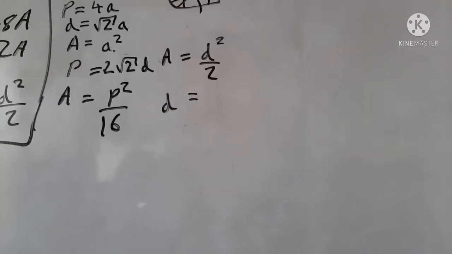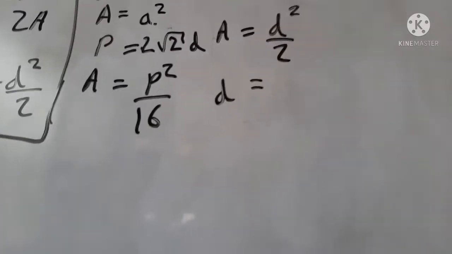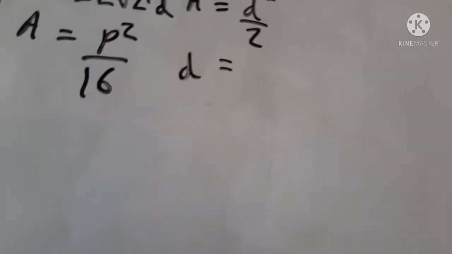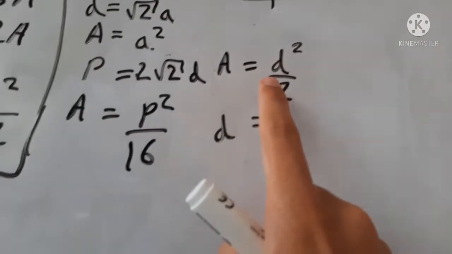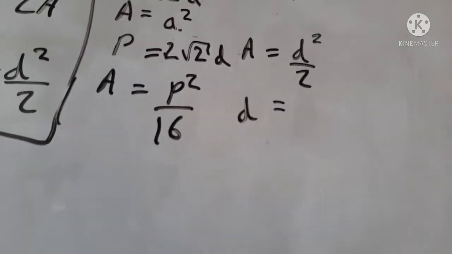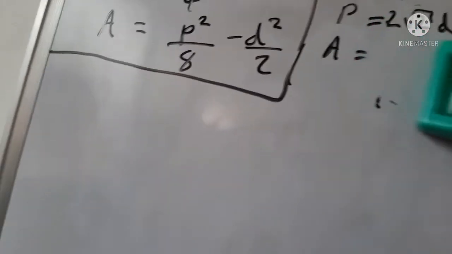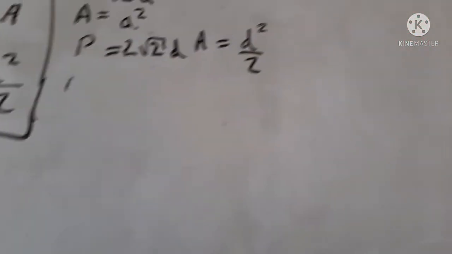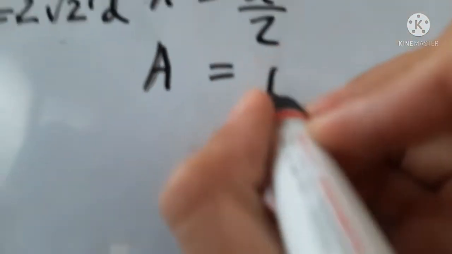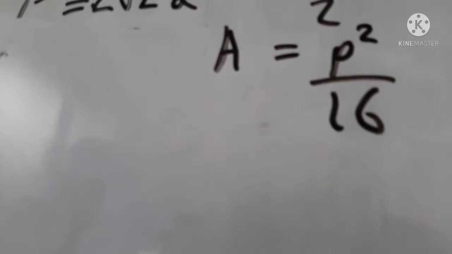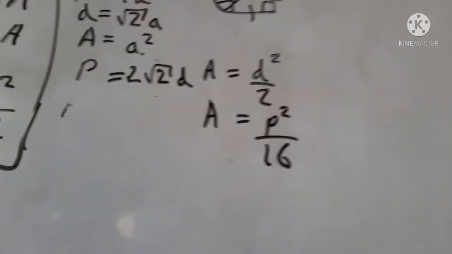So what's p in terms of a? We have a in terms of d, and a in terms of p. I'm going to organize this a little bit: a is p squared over 16 and d squared over 2.